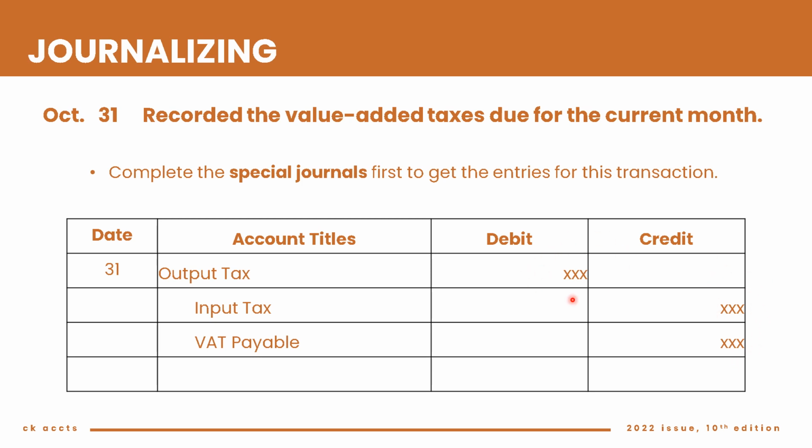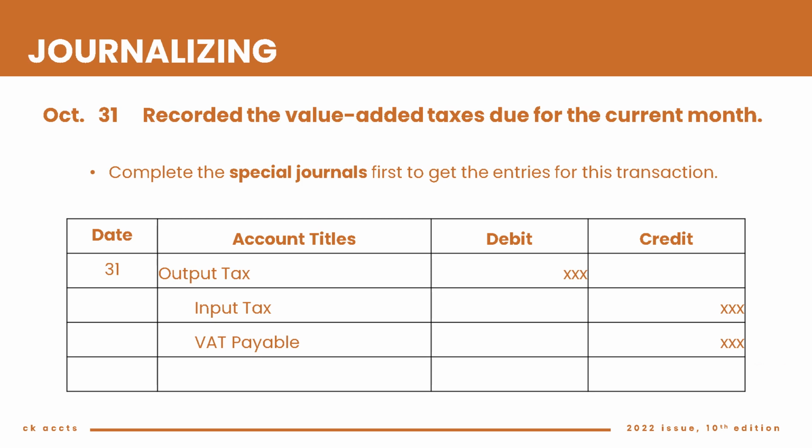Pero yung VAT payable, mas madali mo lang siya madedetermine if meron ka ng value for output and input tax. You just have to deduct the input tax to the output tax for you to get the VAT payable.